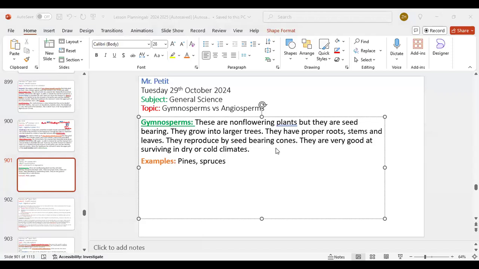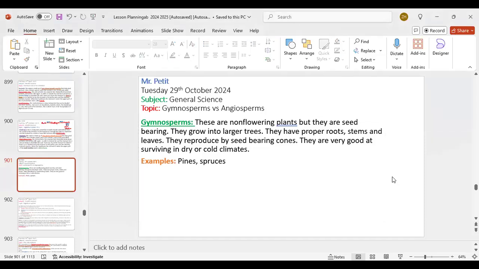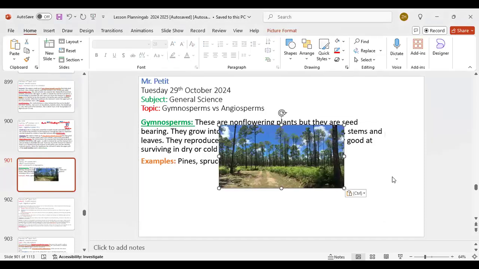We actually have pine lands. That's how much we have, not just in New Providence, but all around in Abaco and all that. So these are our pine trees. Let me show you a picture of it. Anyone ever seen this before? The pine trees.